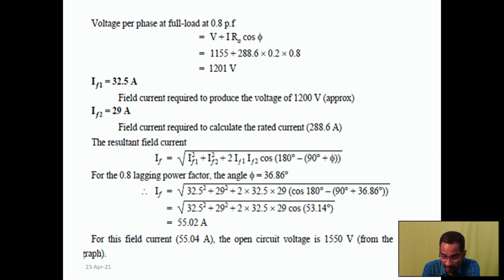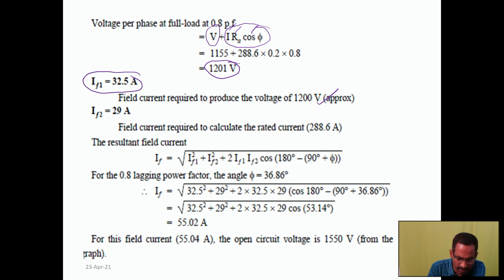To accurately calculate the open circuit voltage per phase, we will be calculating the rated voltage plus IaRa cos phi. This IaRa drop is also added here. So the rated voltage is 1201 volt. For that voltage, what is our field current?